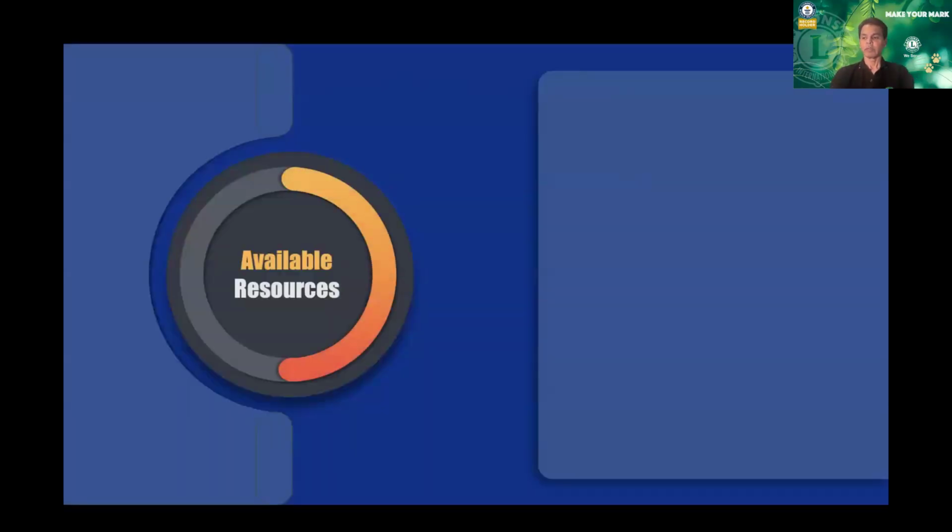What are the resources that are available? We have a landing page for secretary. Those who attended the president's training last time know that there is a landing page for the president and vice president. Similarly, there is a landing page for the club secretaries on lionsclubs.org, which has all the resources listed together, so you don't have to go and search for it in different places.